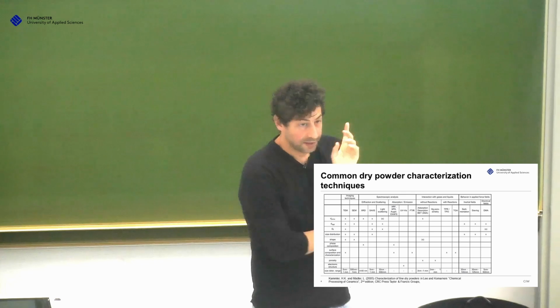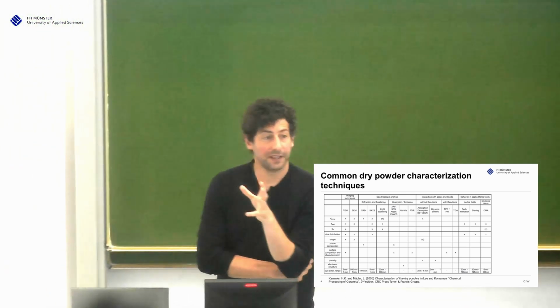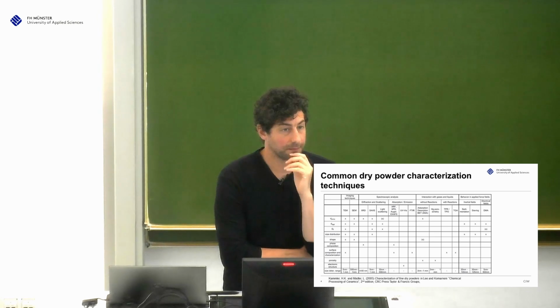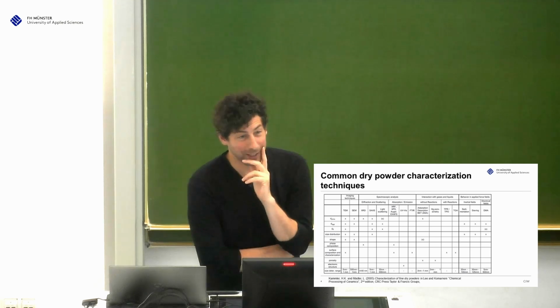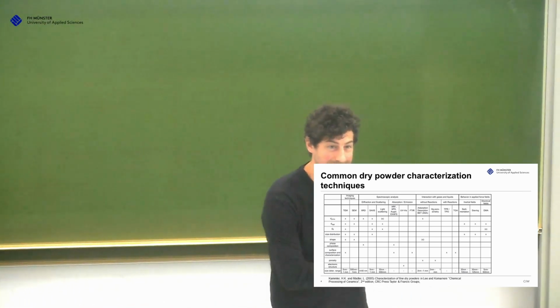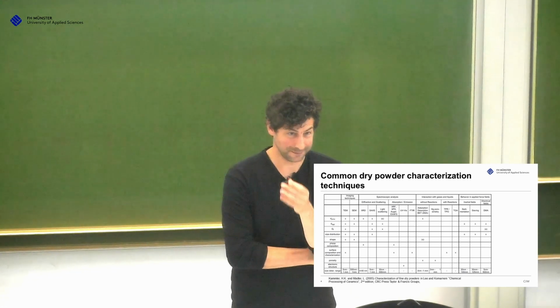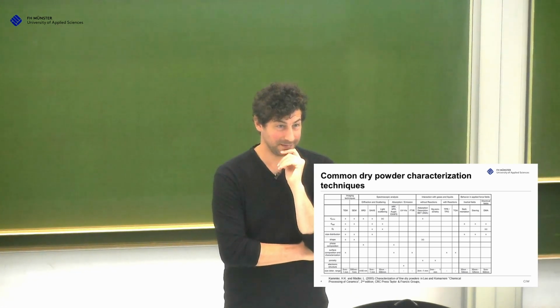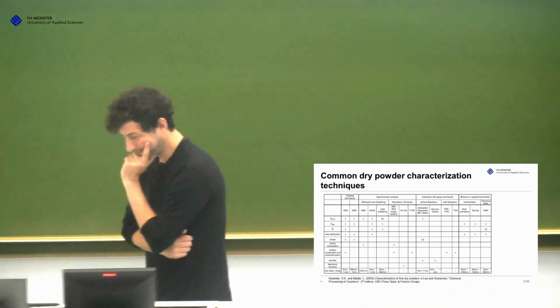Good. Then there is something, XRD. Who has worked with XRD already in the lab class? Yeah, in which one? Yeah, inorganic chemistry. How does XRD work? What do you remember from XRD? Yeah? So basically, it's mostly done for powder.